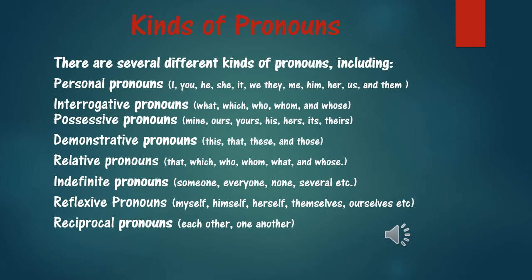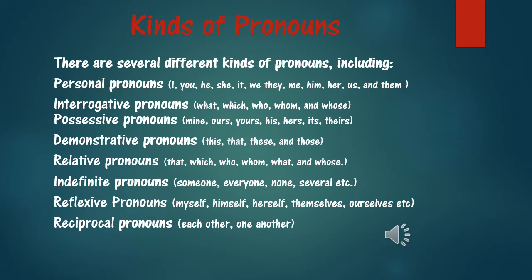Types of pronouns. On this slide you see the types of pronouns. There are several different kinds of pronouns, including personal pronouns: I, you, he, she, it, we, they, me, him, her, us, and them. Interrogative pronouns: what, which, who, whom, and whose. Possessive pronouns: mine, ours, yours, his, hers, its, theirs.